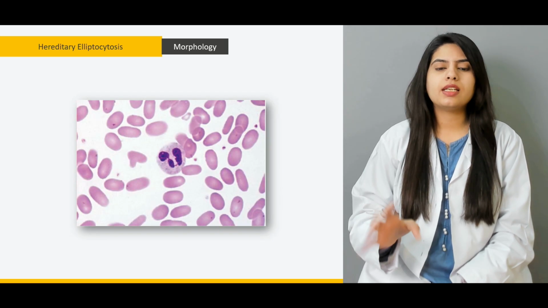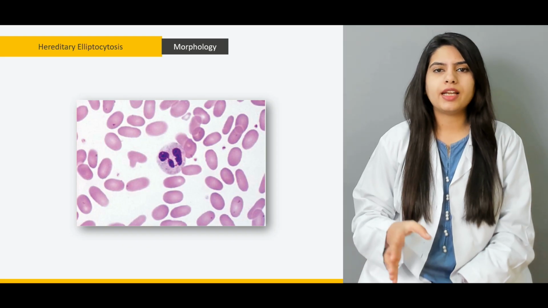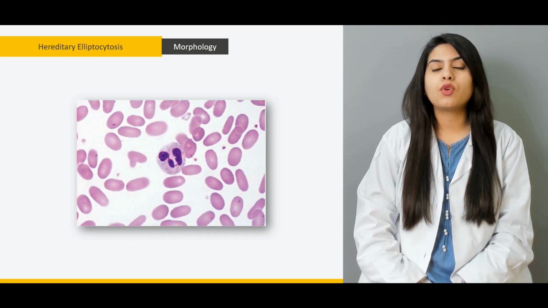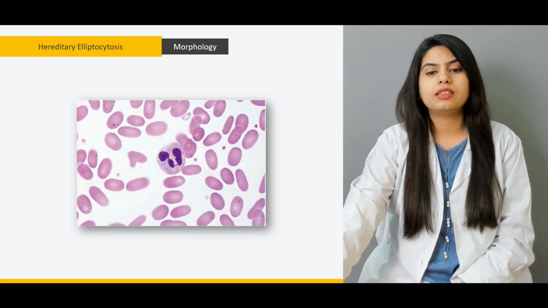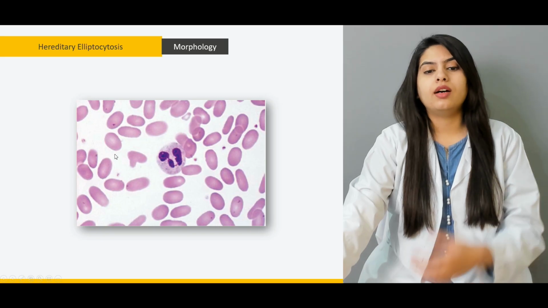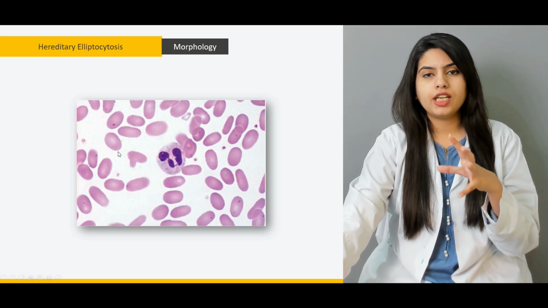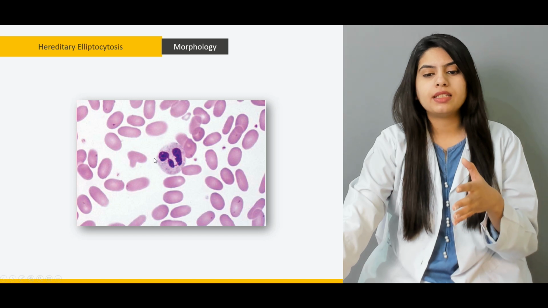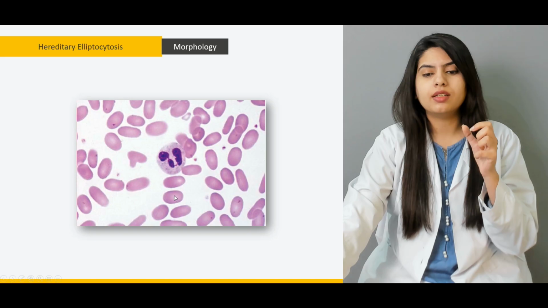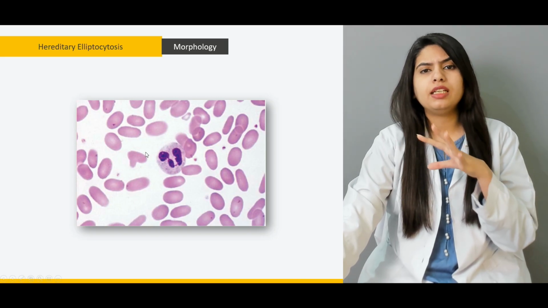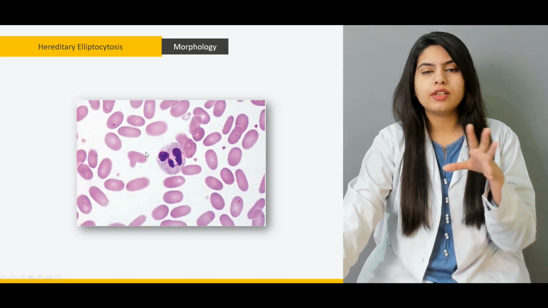Now, this is a histological diagram that is showing the morphology of the hereditary elliptocyte. If you look at this slide, you can see that the red blood cells are more elliptical in shape as compared to the normal red blood cell, and they have a very mild pallor in the center, because the lipid layer is not affected at all.